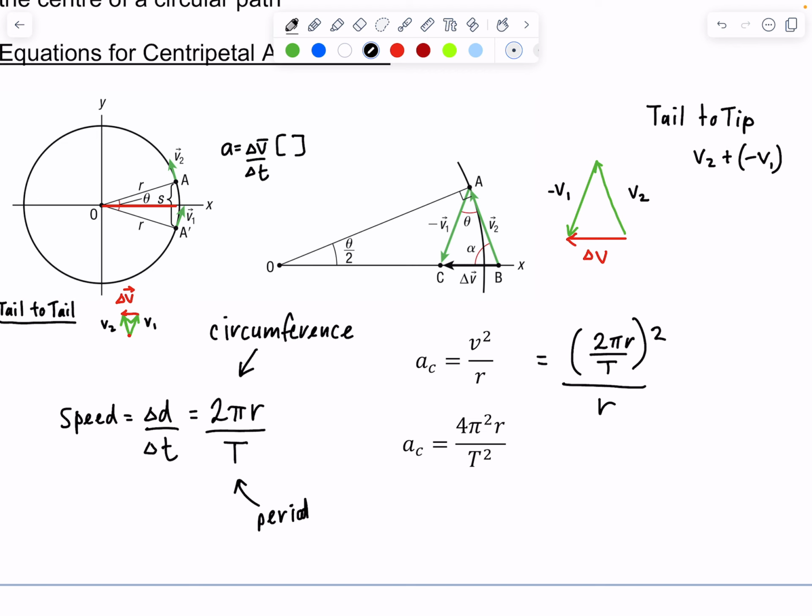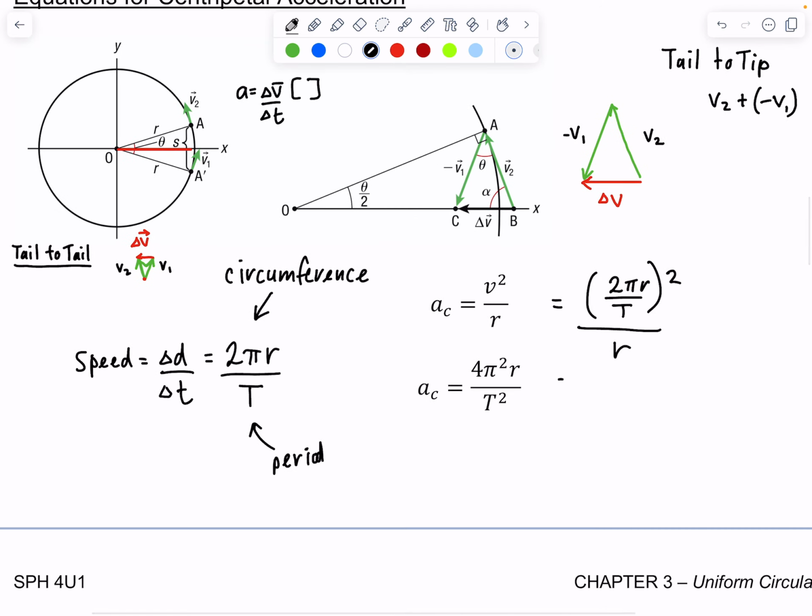If we simplify this, we have 4 pi squared r squared over T squared, over r.